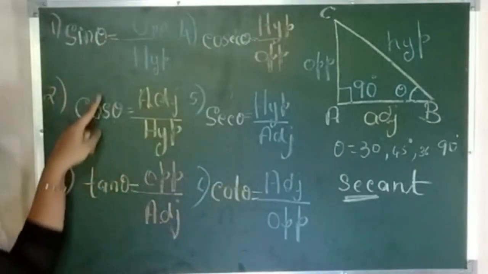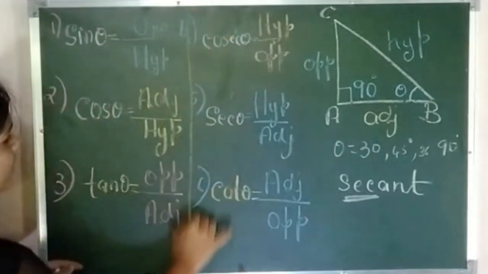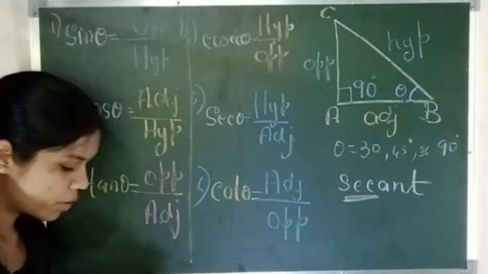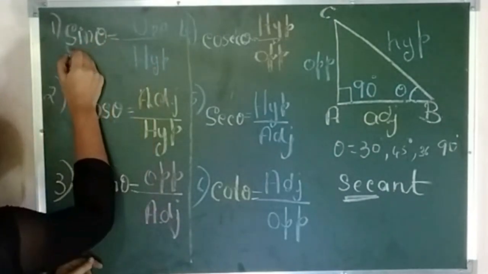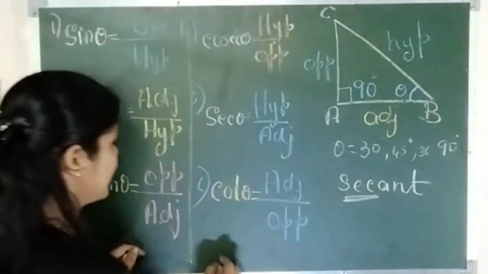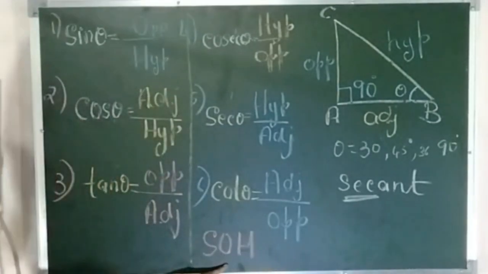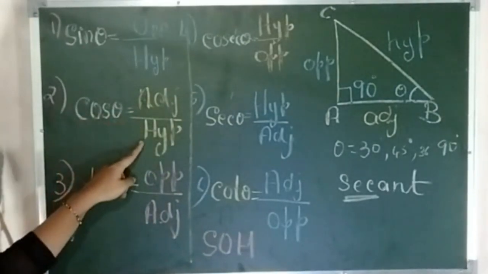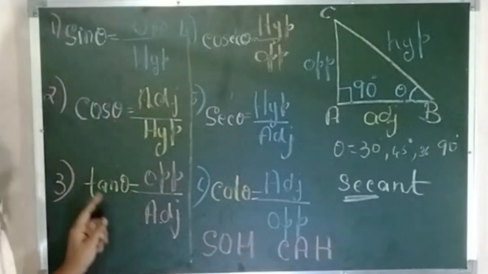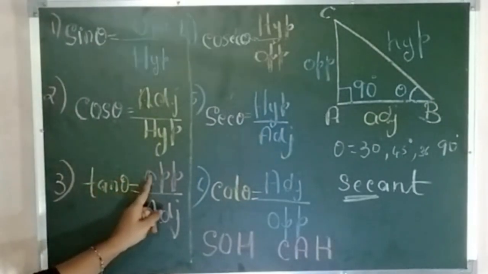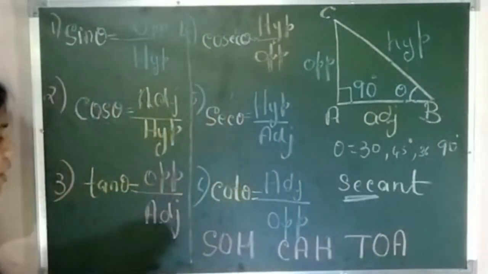Now you have to remember all these formulas, but there is a trick to remember. Only try to remember the first 3 formulas. First, sine theta: S, O, H. Second, cos theta: C, A, H. Third, tan theta: T, O, A. So, SOH CAH TOA.